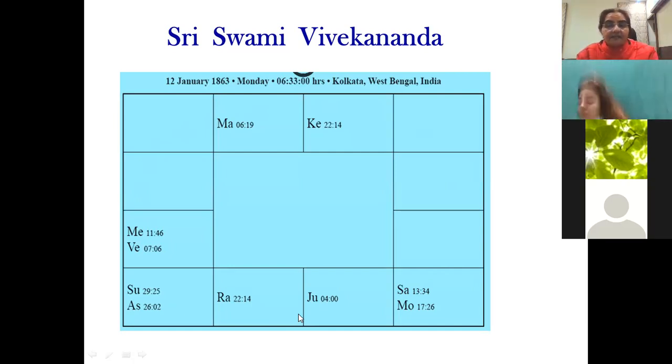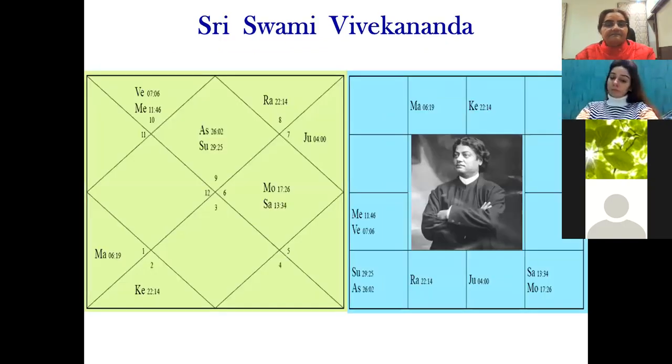Hope at least now you can read and understand the South Indian chart also. Understand doesn't matter. You can at least draw North Indian chart based on this. Okay, so this is his chart, North Indian and South Indian.